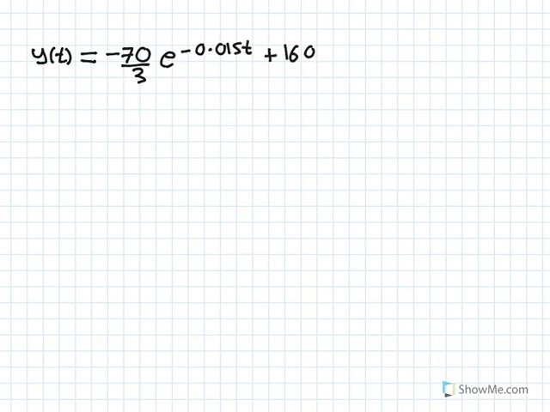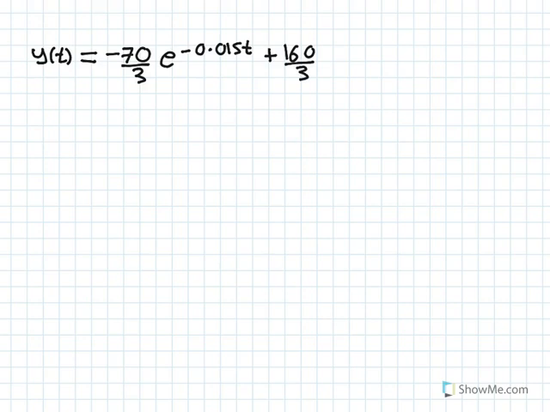All right, so the second part of the question asks us to find the concentration of alcohol in the tank after 1 hour, after 60 minutes. So we have y of t is equal to minus 70 over 3 e to the minus 0.015t plus 160 over 3.